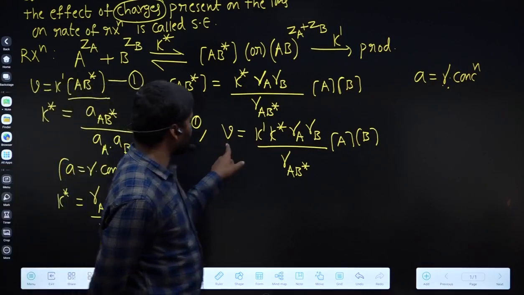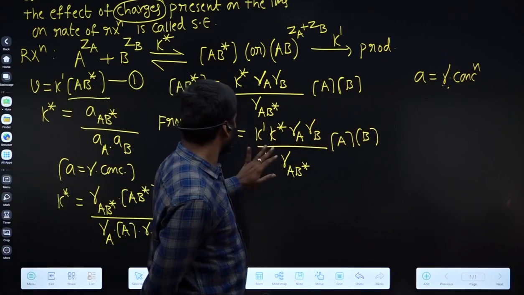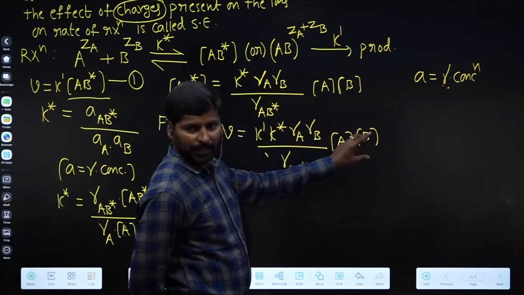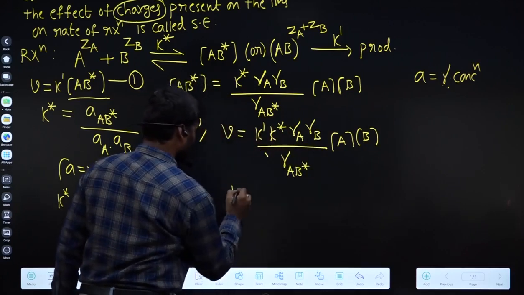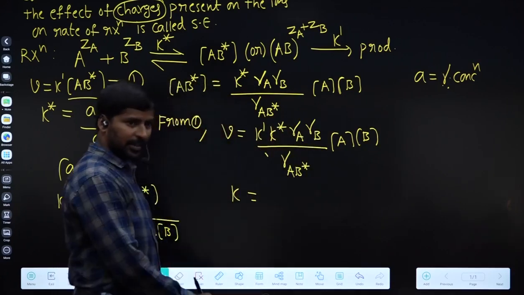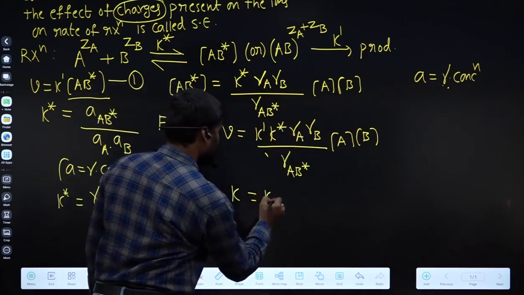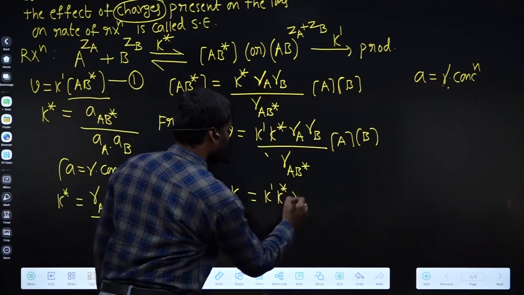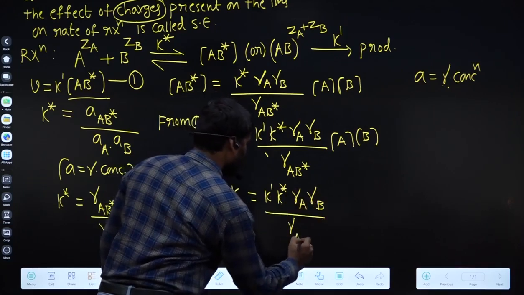So we know rate equation is equal to what? Rate constant into concentration of reactants. And that means in the place of rate constant, the overall rate constant, what we have? K dash K star gamma A gamma B by gamma AB star.